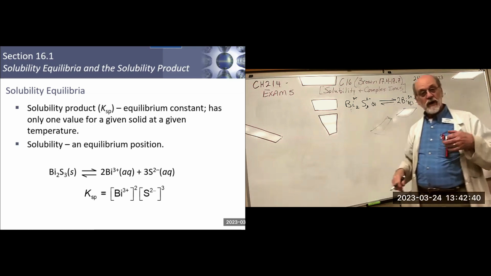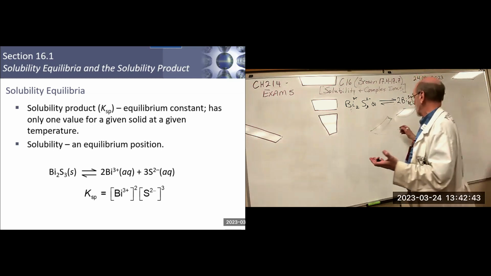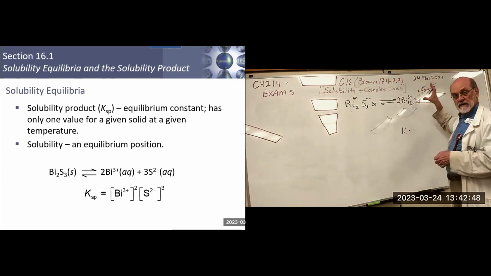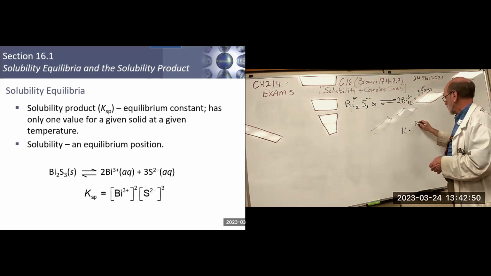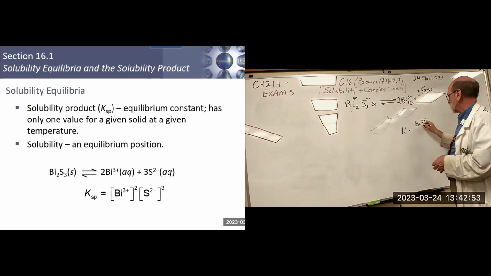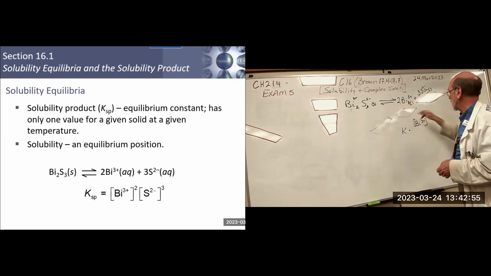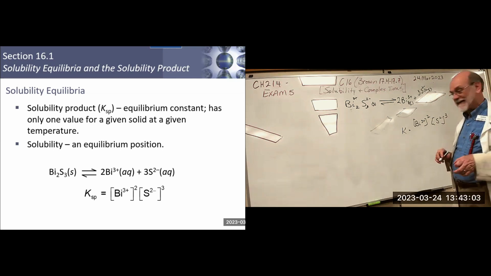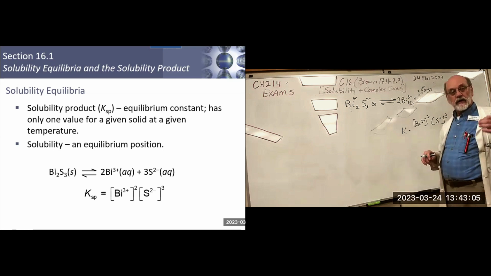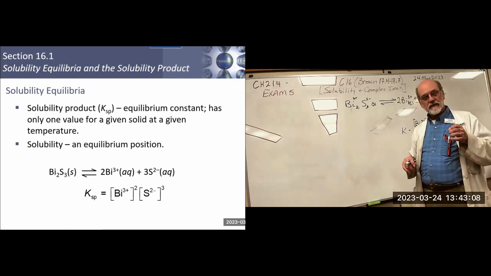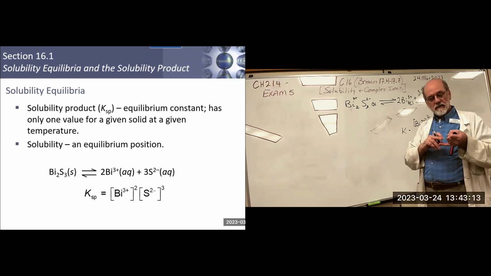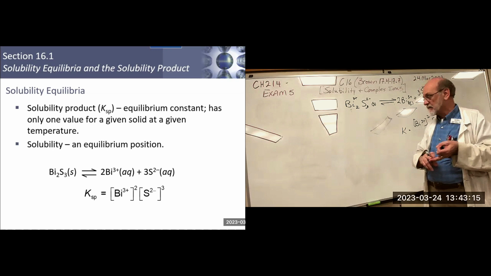Okay. Now we know how to write an equilibrium expression for this. We say the K for this one would be products: bismuth 3+ ion squared, times sulfur 2- ion cubed. We did learn initially in equilibrium that the terms left out of the expression are either pure liquids or solids.